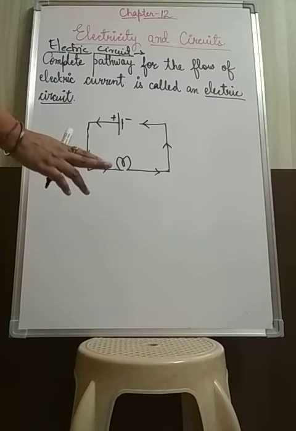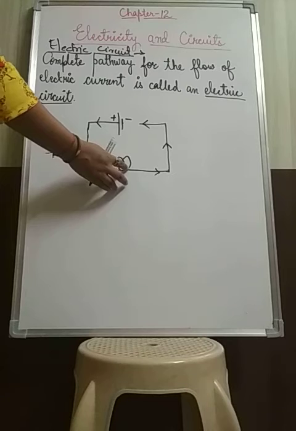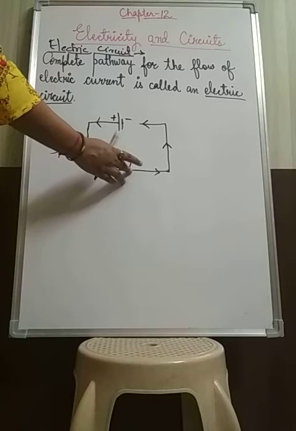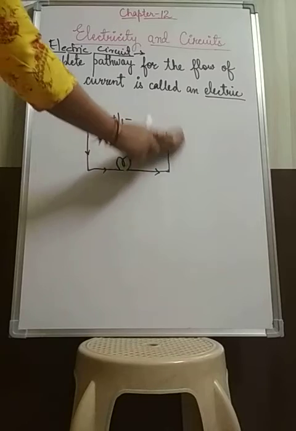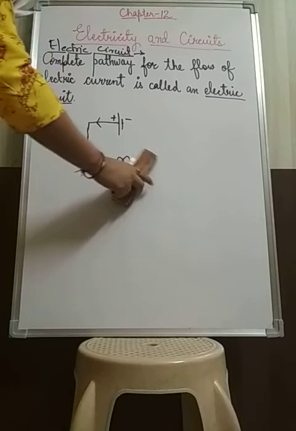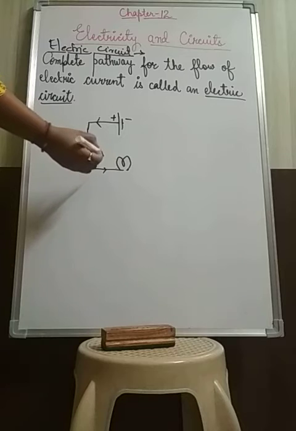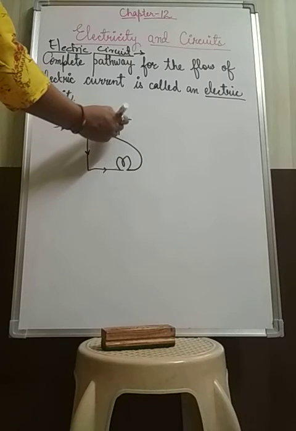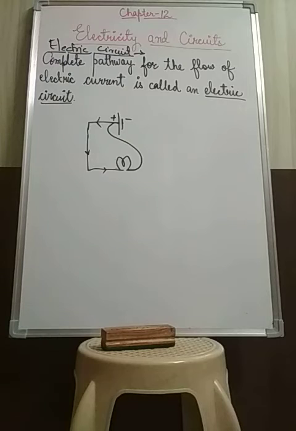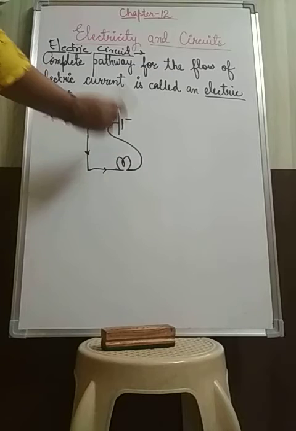In the next circuit, both the ends of this bulb are connected to the same terminal, then also the bulb will not glow, whether it is the positive or the negative.